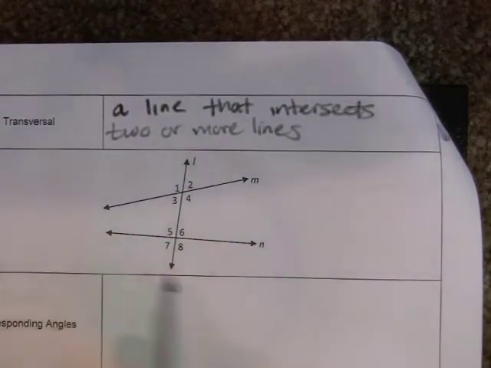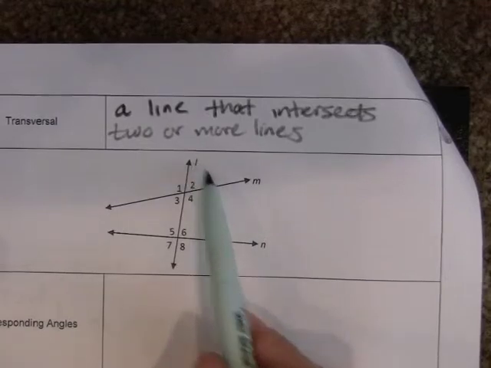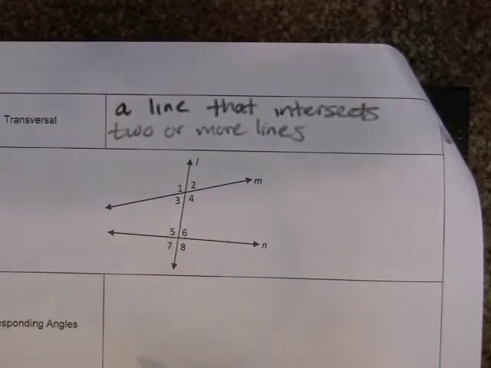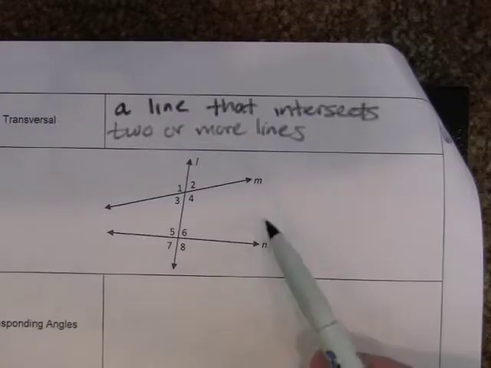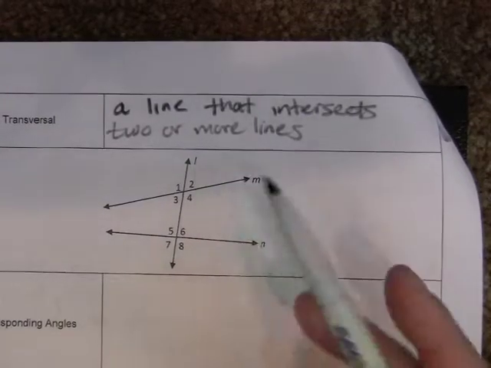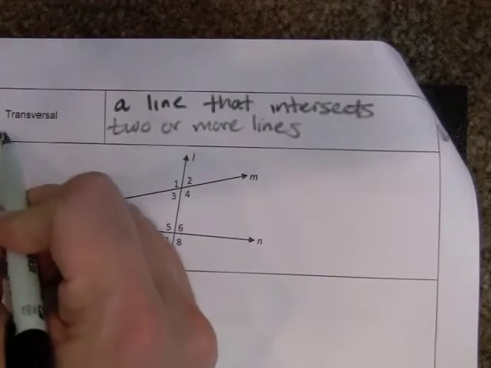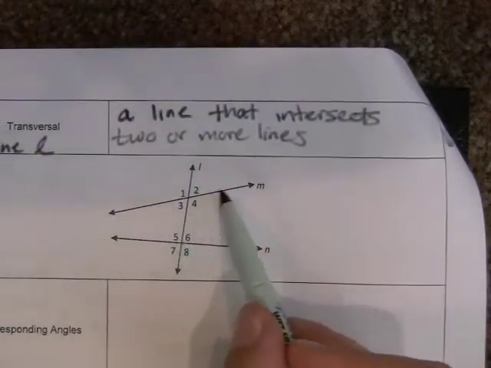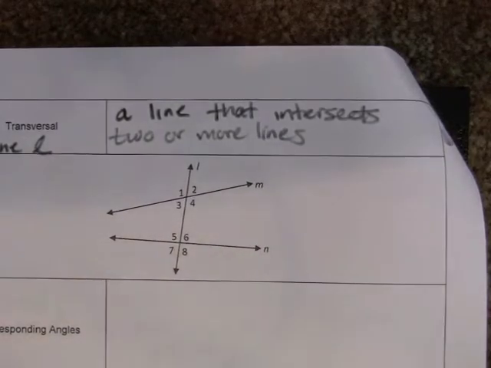So looking at this diagram here, which line, L, M, or N, is intersecting two or more lines? The transversal in this case would be line L, because it intersects right here and right there.